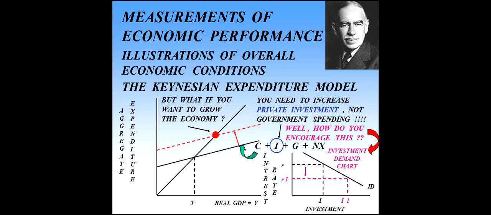Now, a moment ago, I talked about Keynes talking about government spending having an effect on private investment. And I also mentioned that it's difficult many times to control the type of spending, and a lot of times it just winds up being transfer payments which don't promote economic growth.